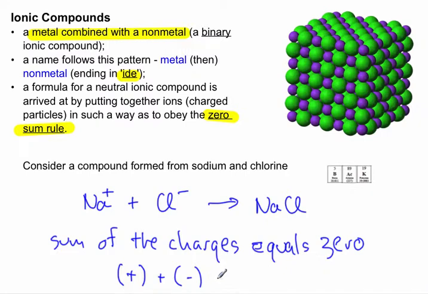A positive plus a negative equals 0. So that obeys the zero-sum rule. So that is in fact the formula for sodium chloride, NaCl. And so again, the name: the metal first, sodium, then the nonmetal changing the ending to ide, chloride. Sodium chloride. Okay, so that is how you name an ionic compound.